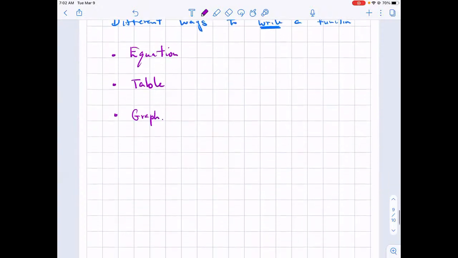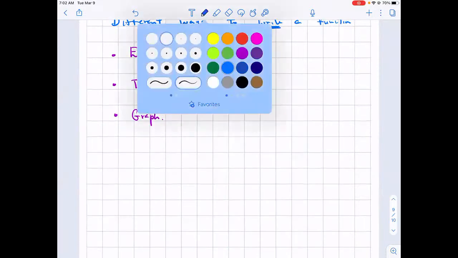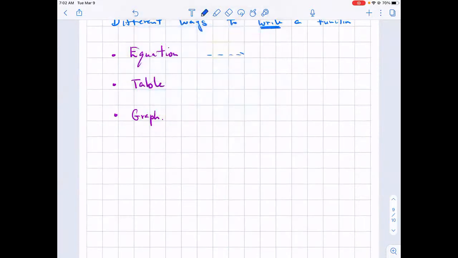So if you have an equation, okay, an equation just means we have, for example, y equals 3x plus 4. From a table, it just means that we have a table of values, x and y. So if we have -2, this is 4, -1, we have 1, 0, 0, 2, we have 4.